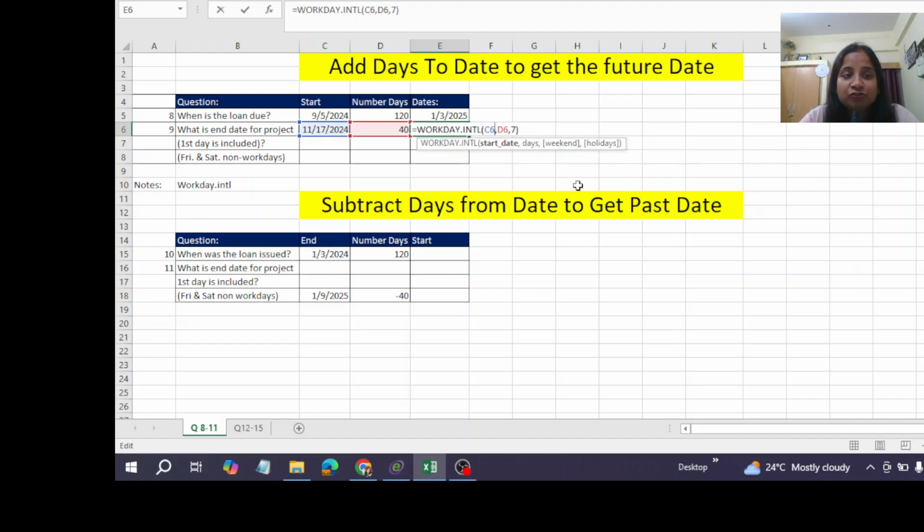And no, I missed something. Since we have to include the first day here, I will subtract 1. The reason being, from the actual date it will be moved back to the previous date, and since we have to include the first day as well, 17th of November will be included.